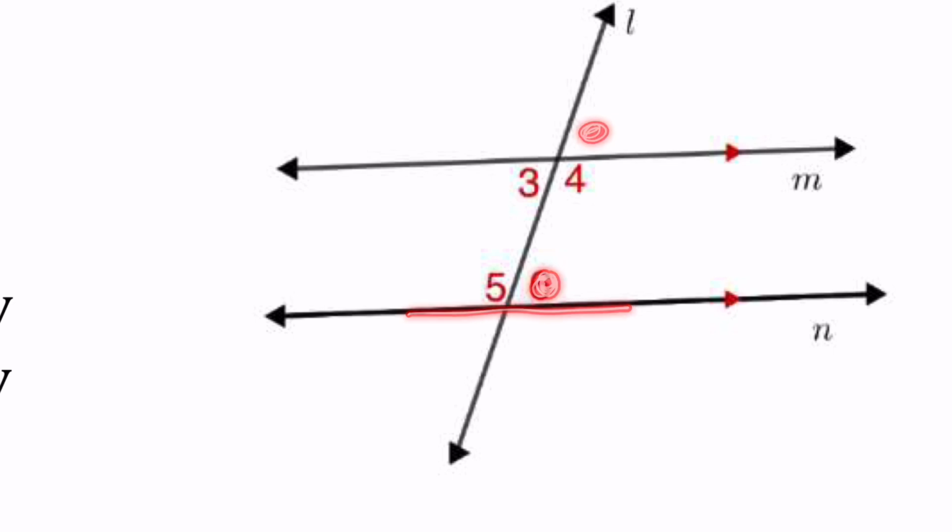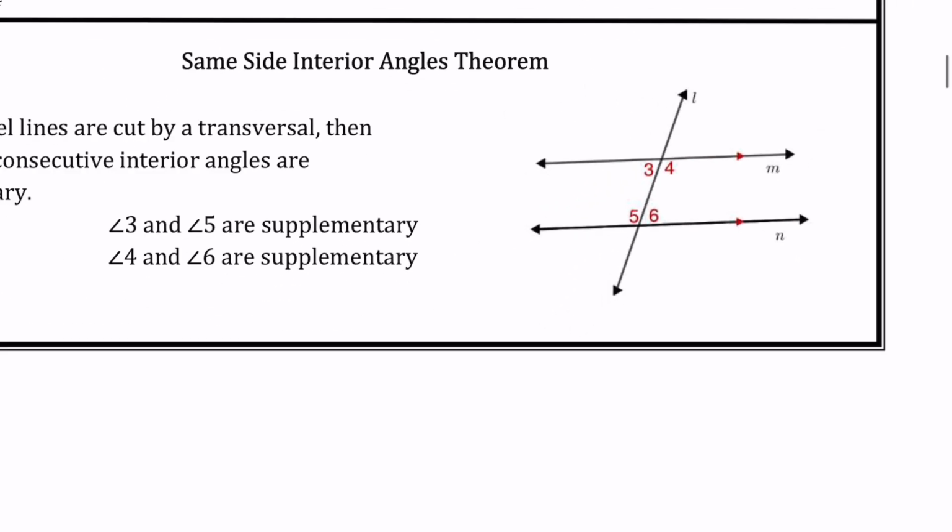And since they're on a straight line, these are supplementary angles and they add to 180. So 4 and 6 are not equal, but they add together to equal 180. So the two same side interior angles are going to be supplementary. And remember, supplementary means they add together to equal 180 degrees.